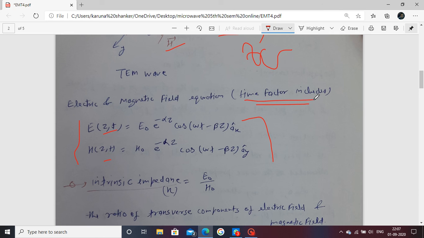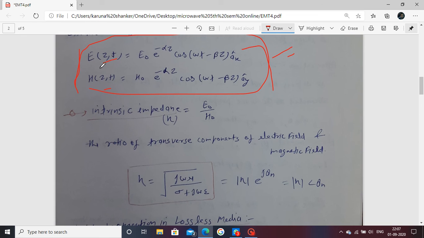In the previous derivation of the wave equation, the time factor was not included. Here we will not go into any derivation. Just understand the electric field and magnetic field.